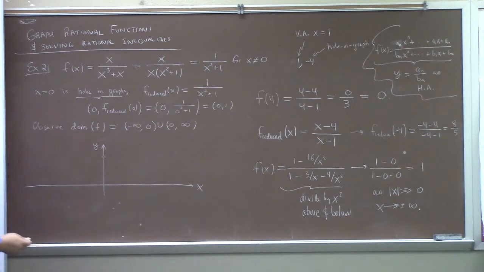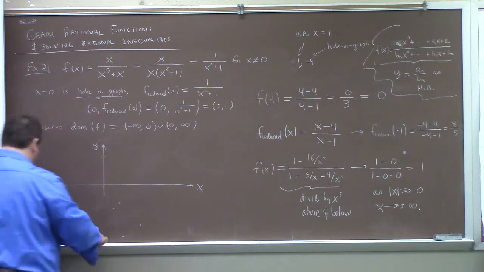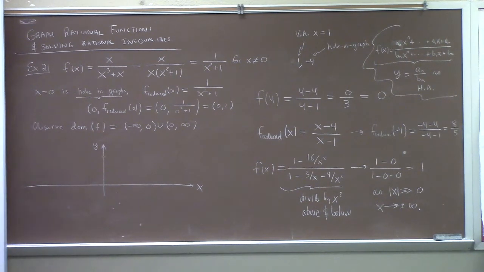So the hole in the graph is at 0, that's where the domain is not defined. 0 is not part of the domain. And so, what are the vertical asymptotes for this thing? I mean, x squared plus 1 does not factor, right? It's irreducible. So x squared plus 1 is non-zero, right?